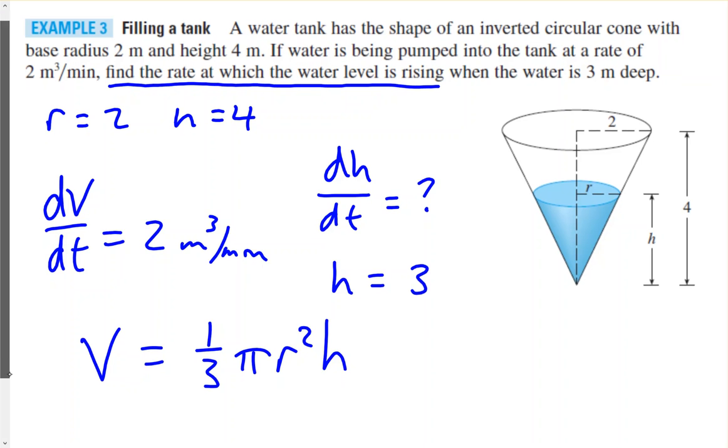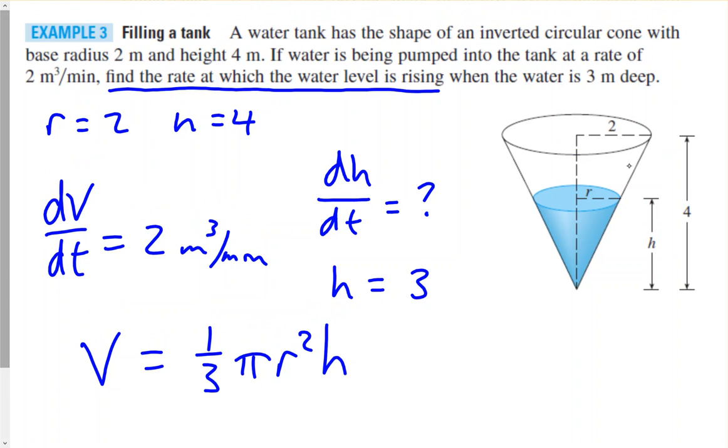So the one way we do that is we make the relationship between r and h. Use like a similar figures model. The ratio of r to h, r over h, is going to be equal to the ratio of 2 to 4.